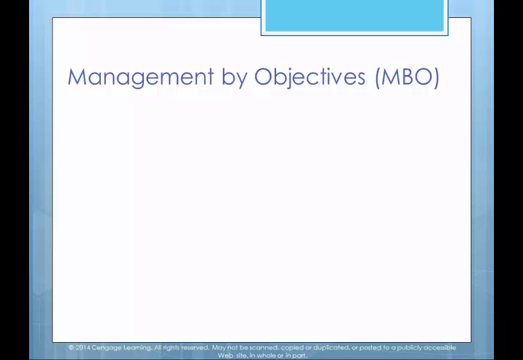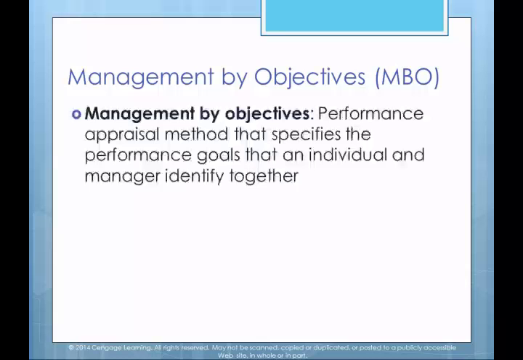All right, management by objectives. This was very, very hot in the 1980s, but I think coming back. It's a performance appraisal method that specifies the performance goals that an individual and manager identify together. And we call them MBOs. Each manager sets objectives derived from the overall goals and objectives of the organization.